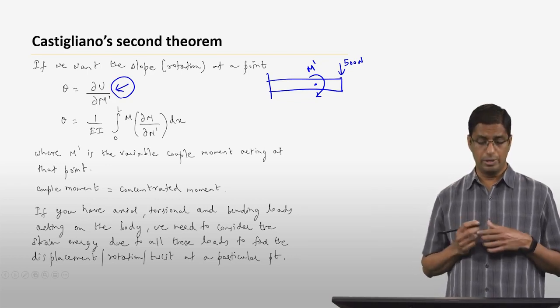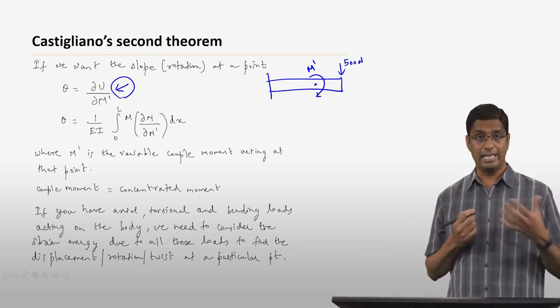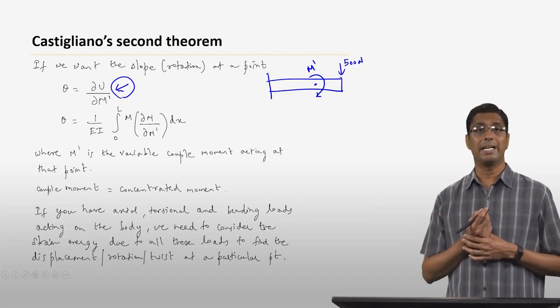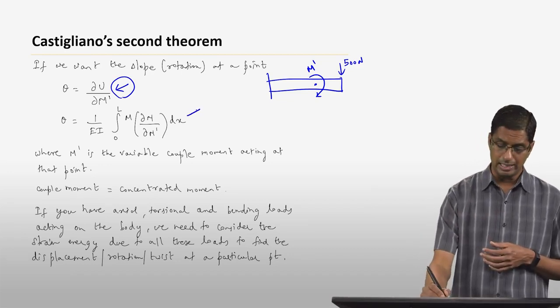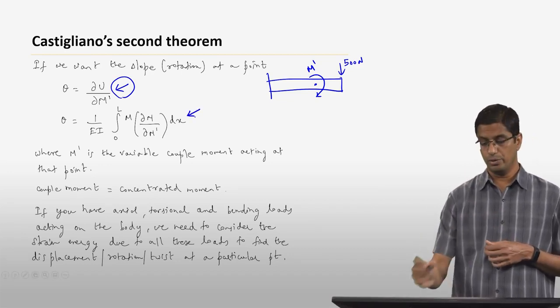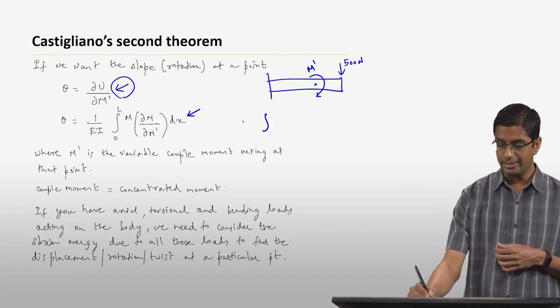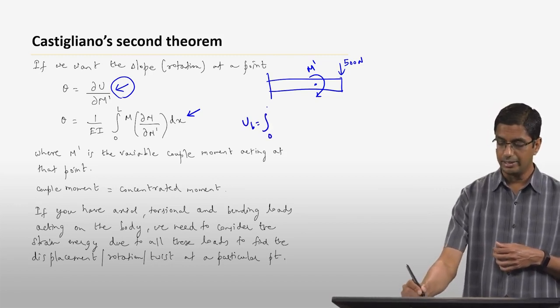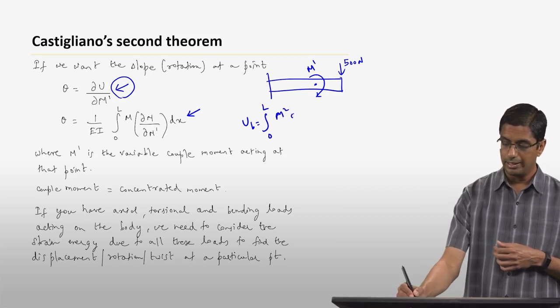Okay, so in terms of the actual strain energy equation, again there's only bending in this case, so that turns out to be like this. So the bending energy is integral 0 to L m square dx over 2EI.